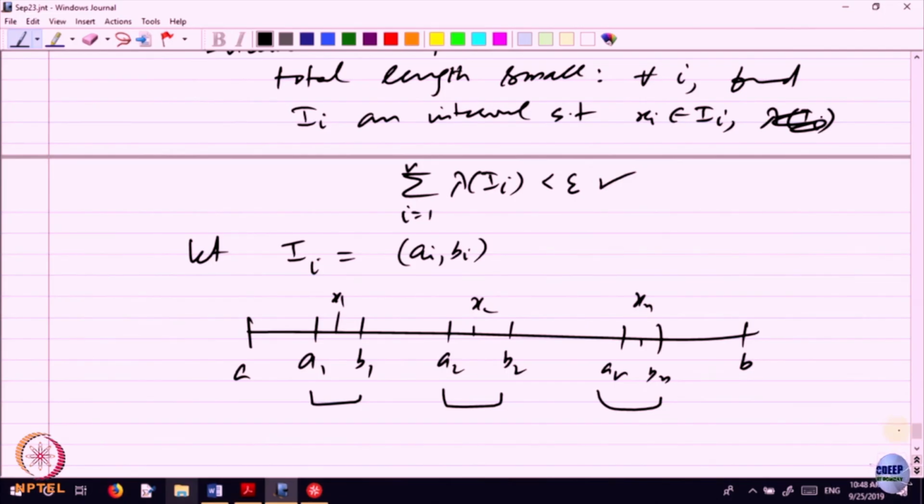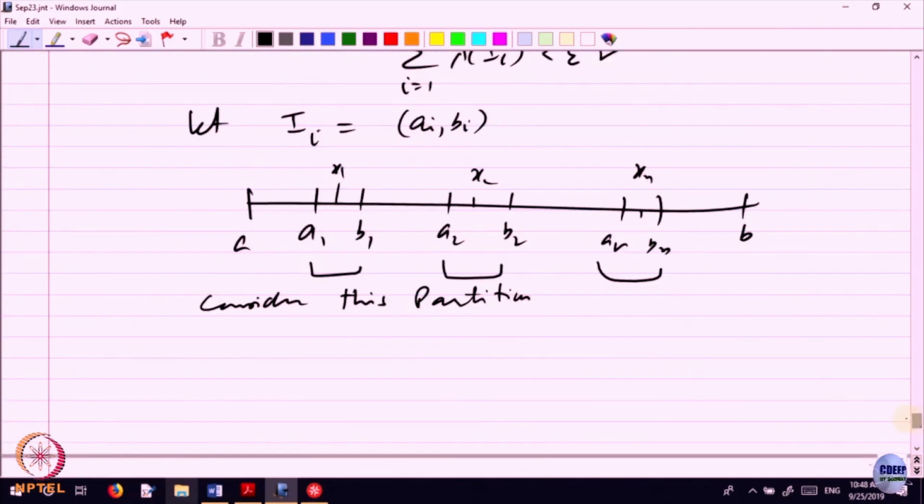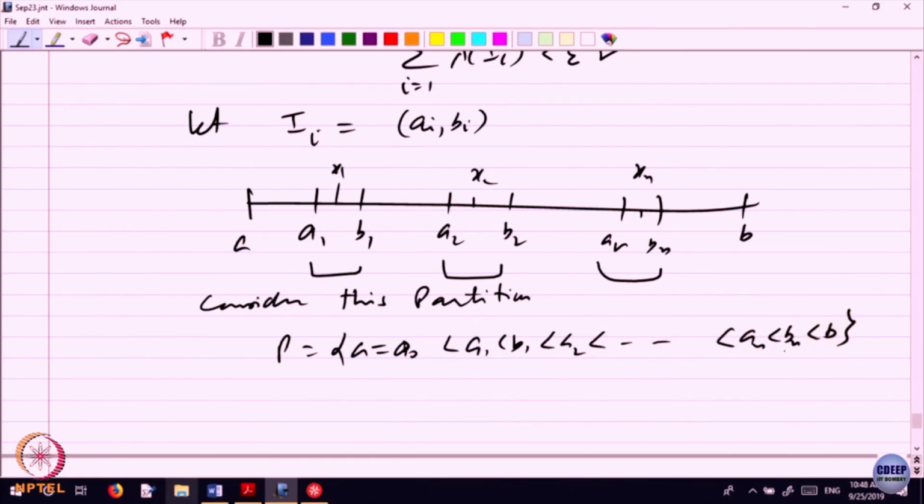So this gives me a partition. So consider this partition. So what is this partition? P is A equal to A0 less than A1 less than B1 less than A2 less than so on, less than An, Bn less than B, right?